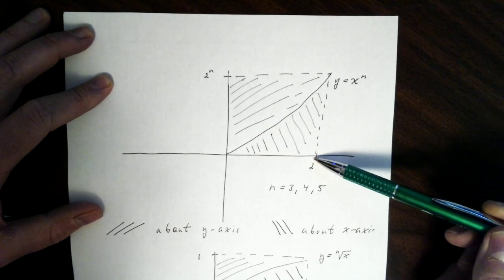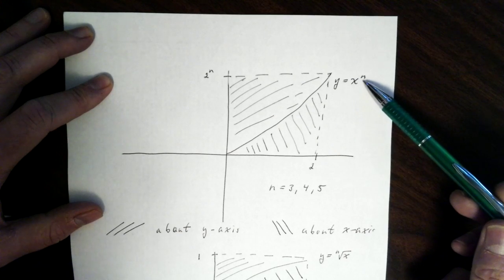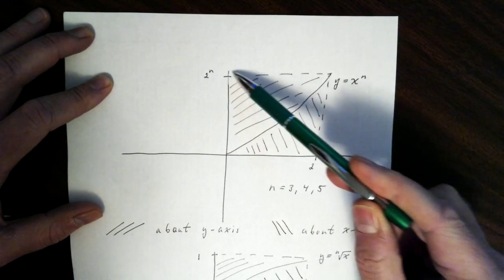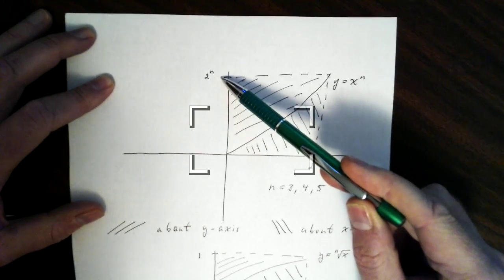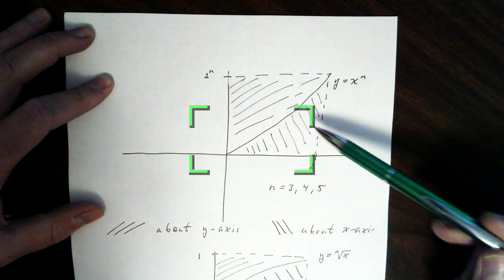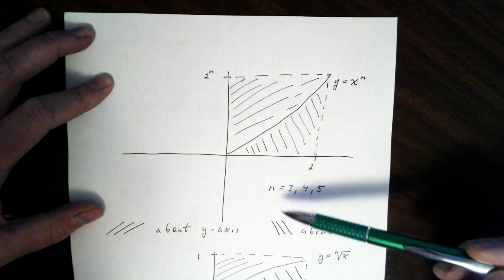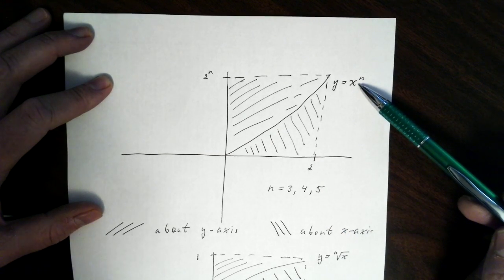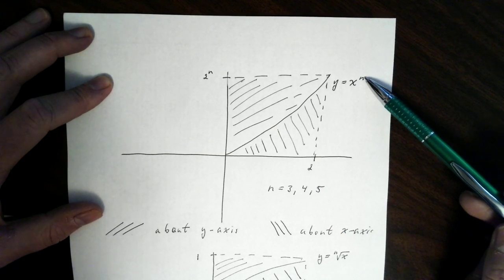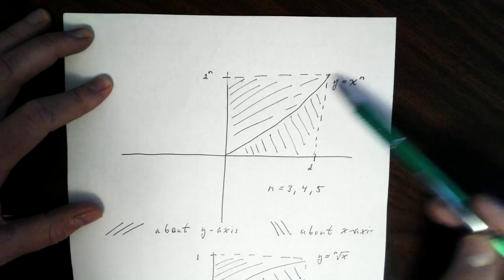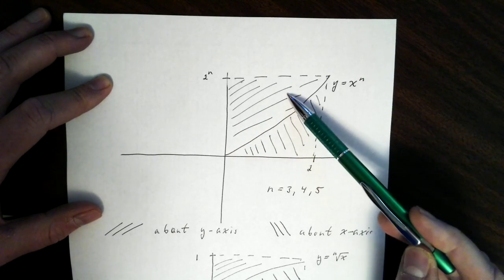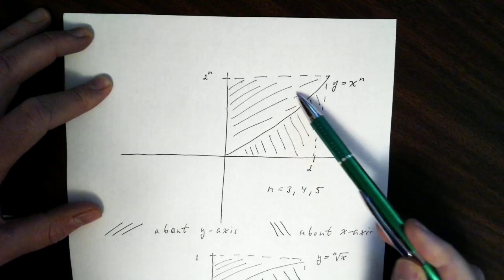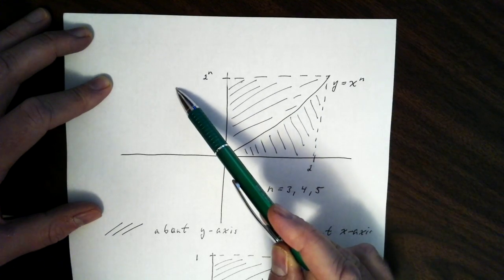If x is 2, and let's say n is 3, this y value would be 2 to the third, which is 8. So take a region like this and revolve it around the x-axis. Try it using powers of n equals 3, n equals 4, n equals 5. And then do the same thing. Take a region like this, the same curve, and rotate it around the y-axis.